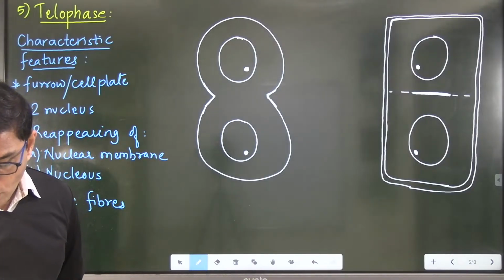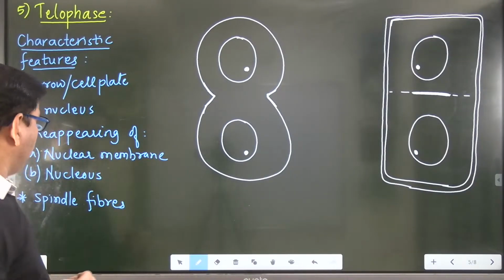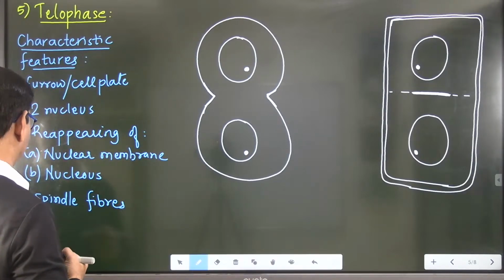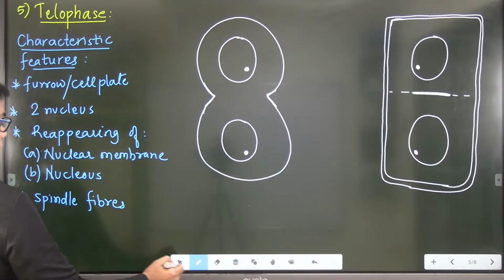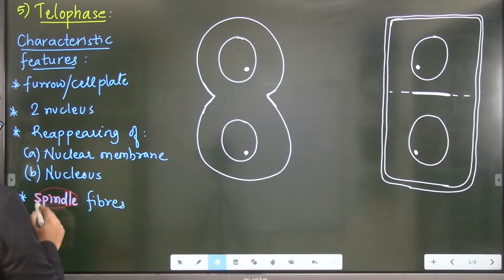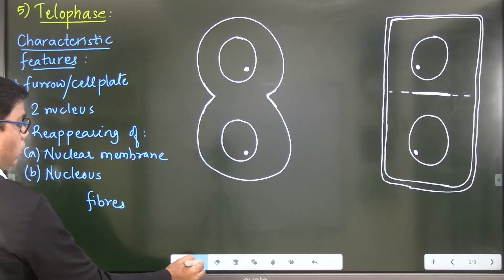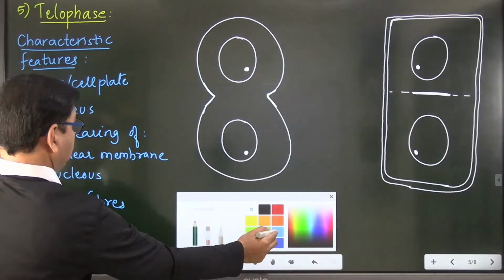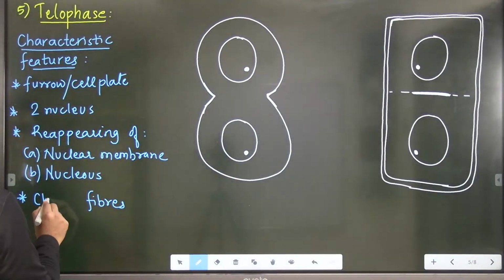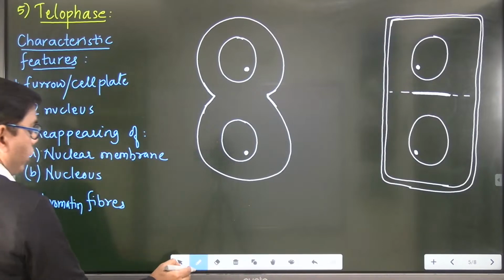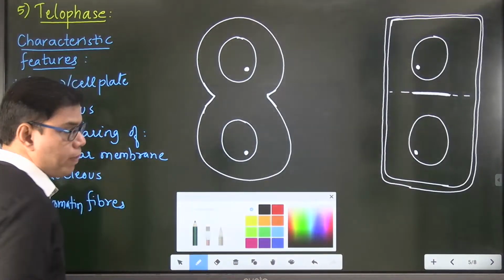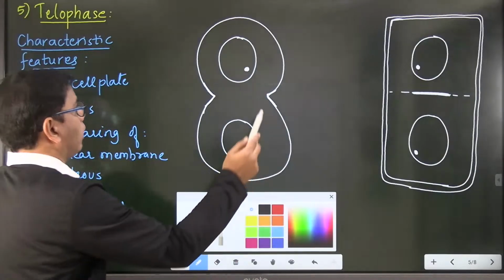Now we have to draw what? Not spindle fibers. They are chromatin fibers. Okay, you are going to love this. Pay attention, you are going to love to draw this part.